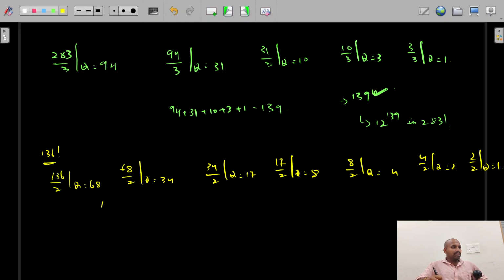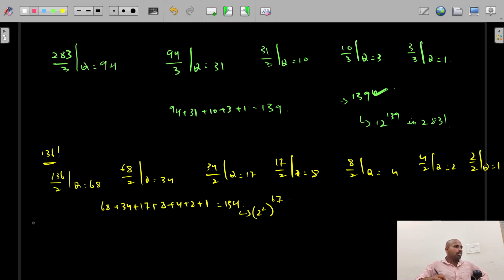Just add everything: 68 plus 34 plus 17 plus 8 plus 4 plus 2 plus 1, which is 134. The highest power of 2 in 136 factorial is 134. So 134 by 2 is 67. The highest power of 2 square in 136 factorial is 67.